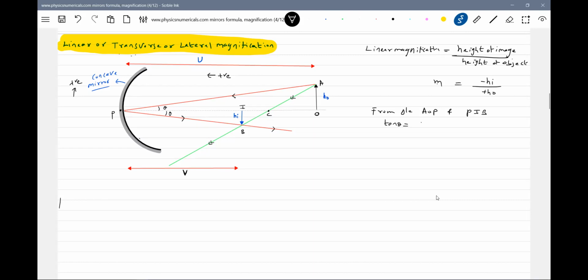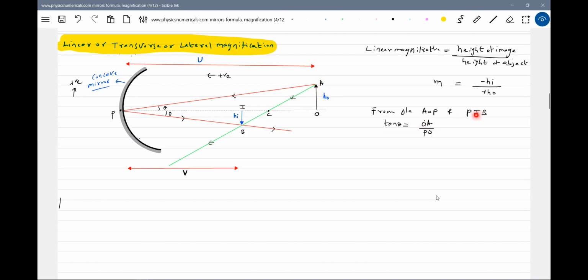Looking at the triangle AOP, tan theta will be OA by PO. I am asking you to look at this triangle AOP. Tan theta is opposite by adjacent. Adjacent is PO, opposite is AO, or say OA.